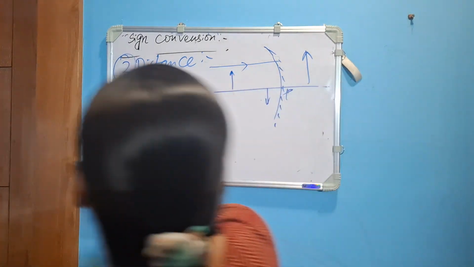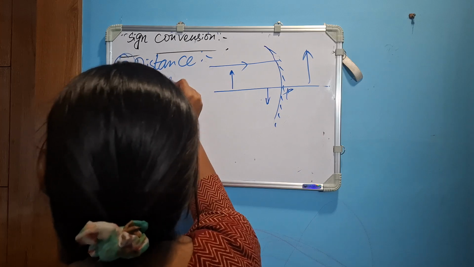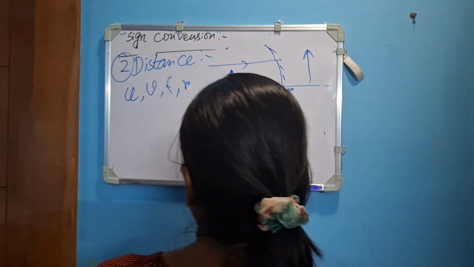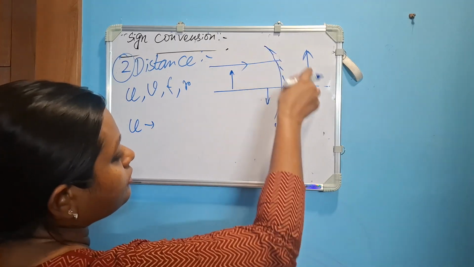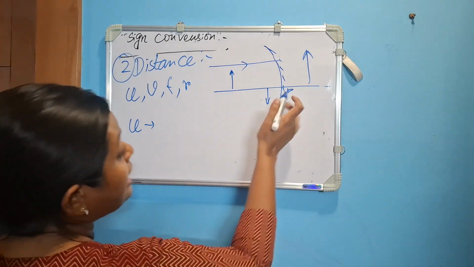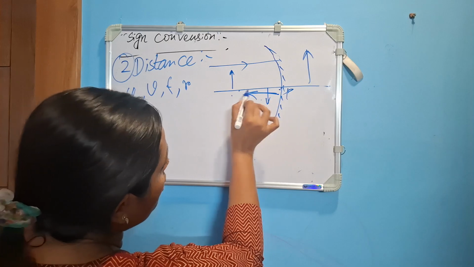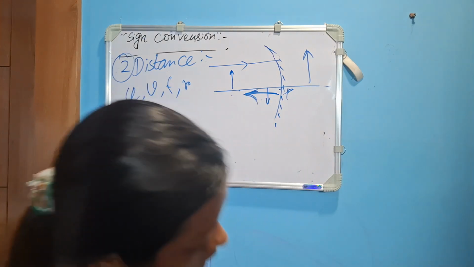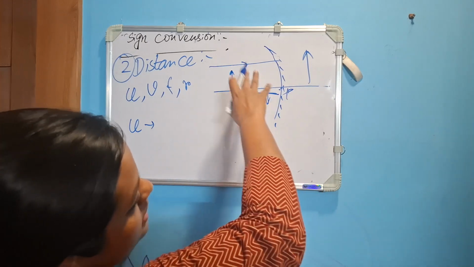Now the next, distance. We are talking about this U, V, F and R. U, whether it is convex or concave, will always be in front of the mirror. As the distance is calculated from the pole, this side, from the pole. Just now I told that we are considering the light traveling from left side to the right side.